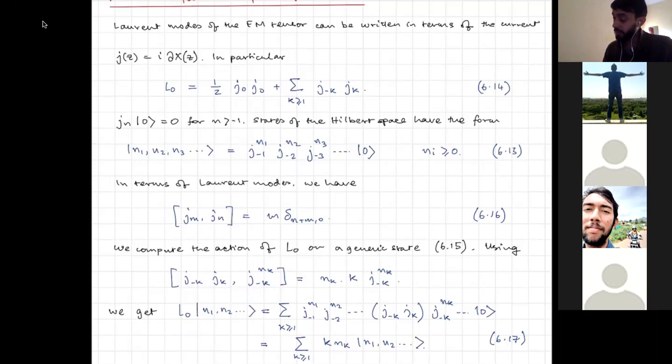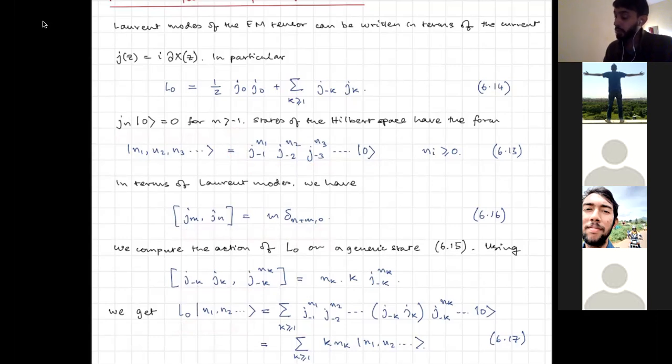So if you act this L naught on these things with all of these n's, you have the L naught which sits here, and there are all of these guys which would sit here, and you have to get to this. So all you do is flip things around by this algebra, and keep in mind that Jn for n greater than minus 1 is going to give you 0.